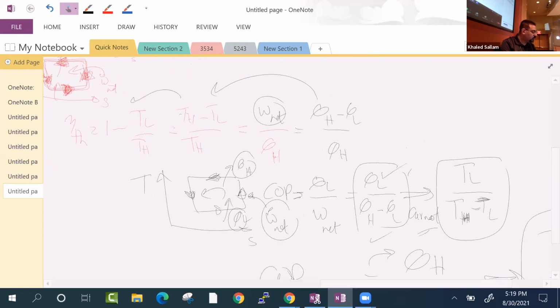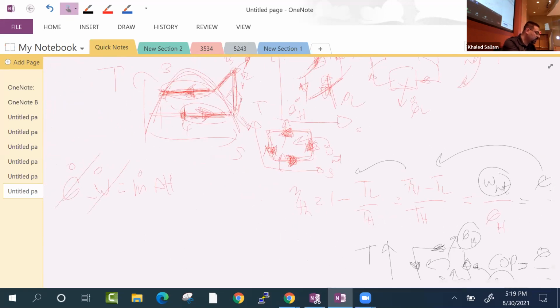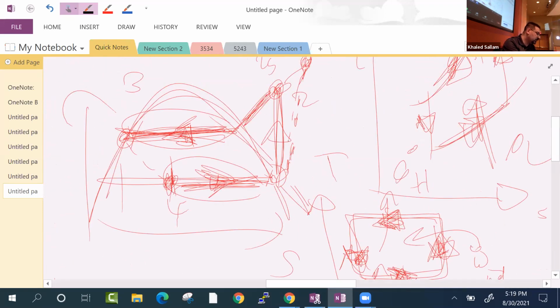So back again to what is wrong with the traditional vapor compression cycle. Robert said, I don't like that it's wet. I'm telling him, no, that's actually good because it looked like Carnot to me.